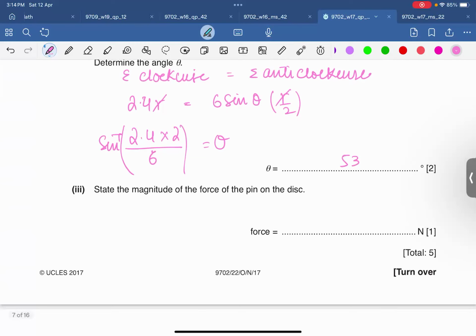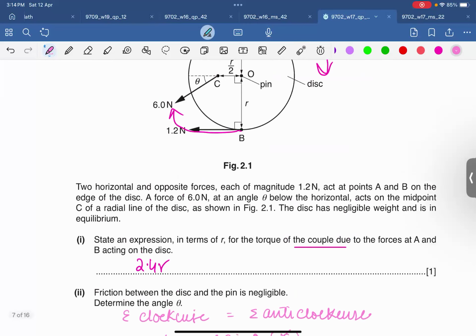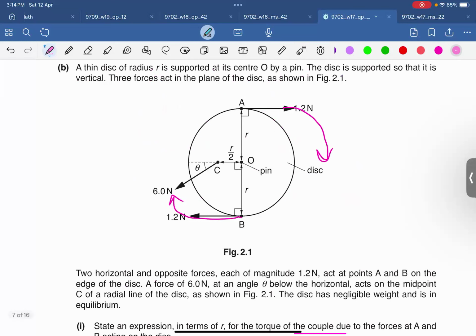Okay, now, you use a zero resultant moment to find the angle, and now you have to use the resultant force to find the actual force on the pivot, right? So if you see, these two forces are actually acting in opposite directions, so they cancel out each other, right?